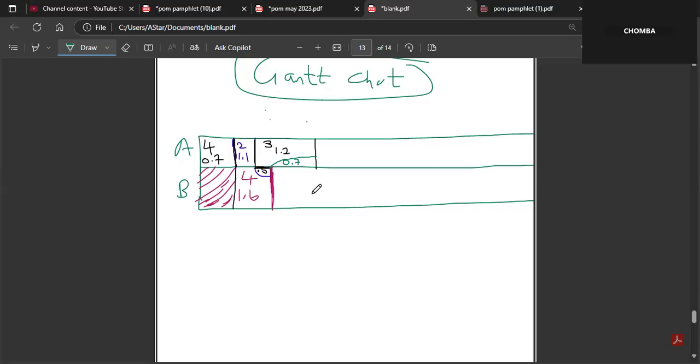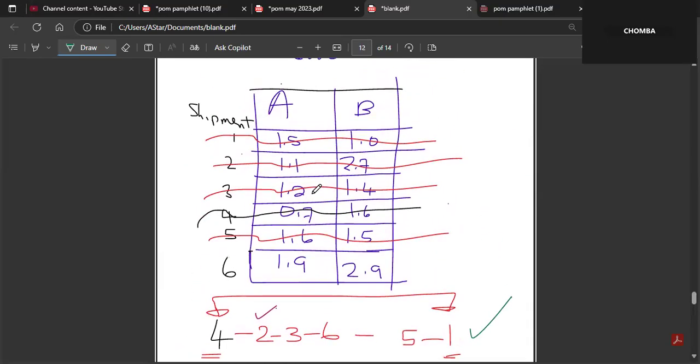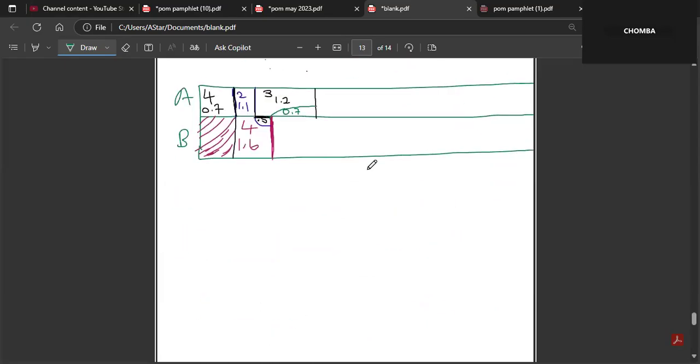So 2 in B is taking how many hours? 2.7. So we come and say 2.7. So this 2.7 is taking how many hours longer? It's taking 2 hours longer. 2.7 minus 0.7 here.